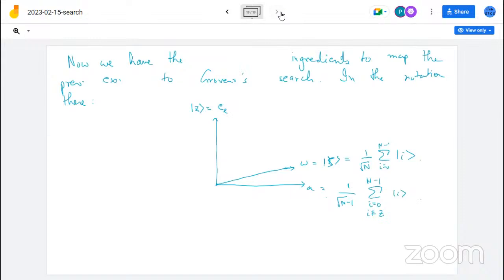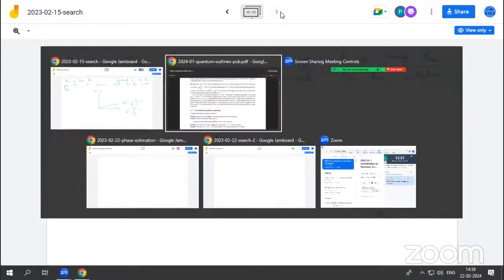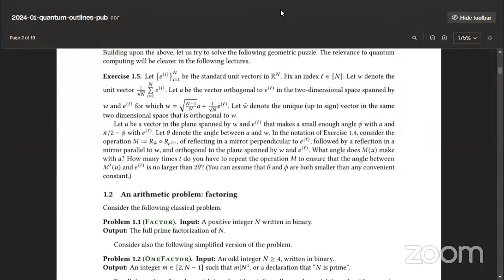And yeah, so in that exercise, we call this angle... so W hat is this thing here. And this angle is theta.